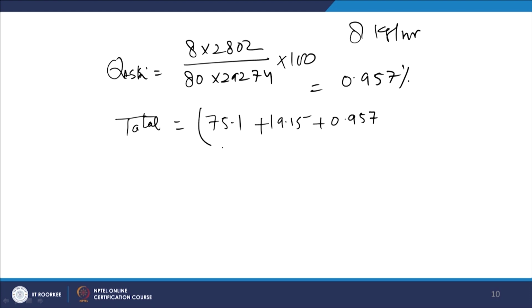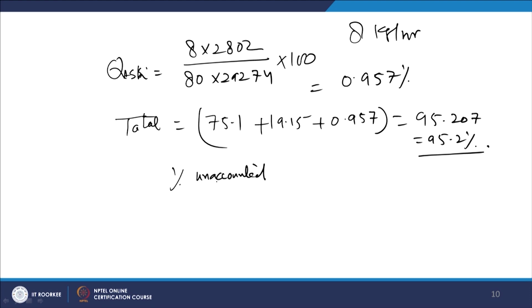The sum of these is 95.207, or 95.2%. So the percentage of unaccounted heat is 100 minus 95.2, which is 4.7 or 4.8%. So 4.8% of heat is unaccounted.